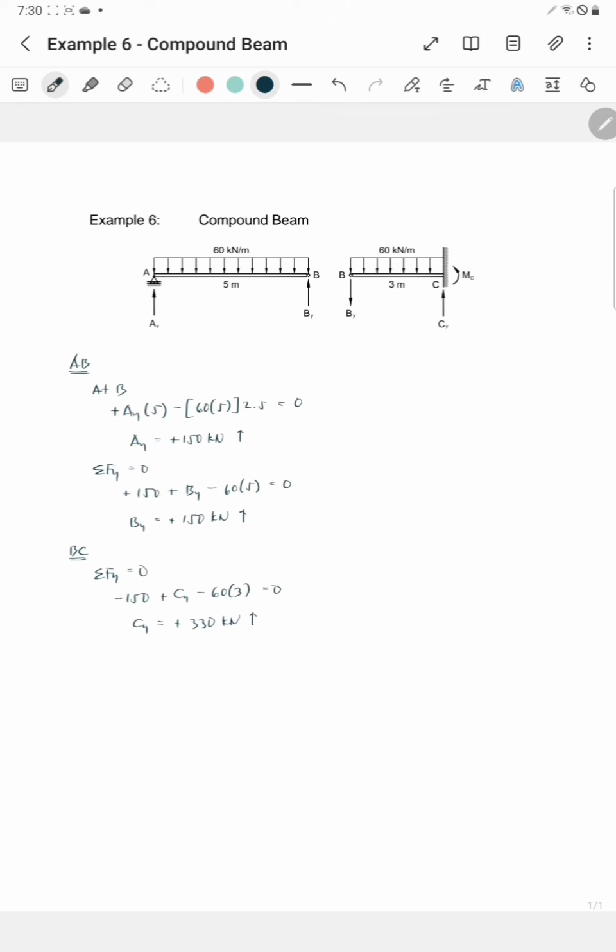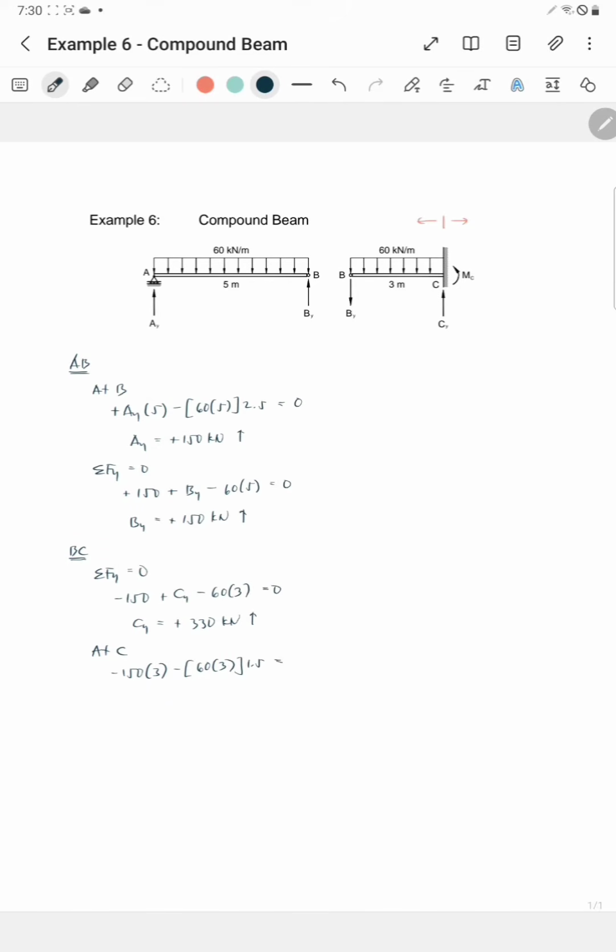The next, cut at C, then moment left equals moment right. So moment left of C, BY is downward, so negative 150, the lever arm 3. The load is downward, so the moment is negative 60 times 3, and the lever arm is 1.5.